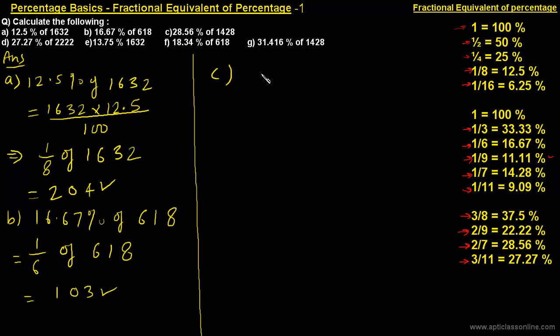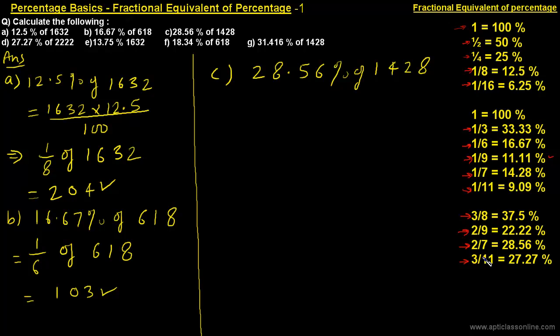C, 28.56% of 1428. Again 28.56%. Now we should keep in our mind that 14.28% is equivalent to 1 by 7.